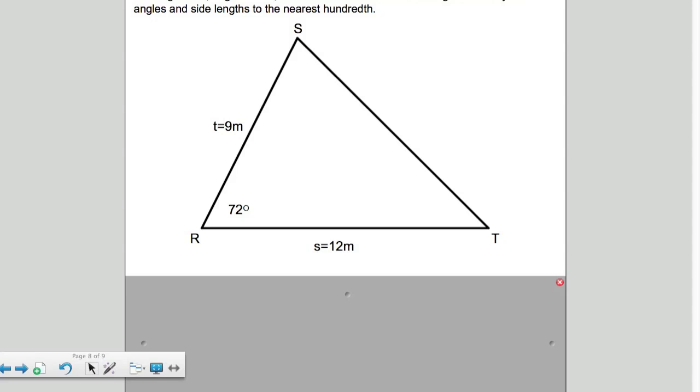No. What's the only thing that we're trying to solve right now? R. We can only solve for this side length over here, which I'll do in blue. We can only solve for R. So how can we solve for R? Cos. What's that formula?